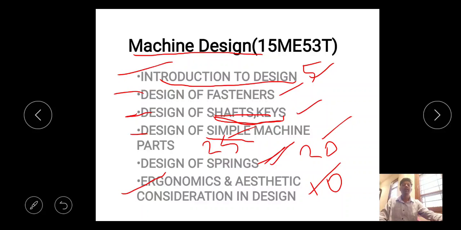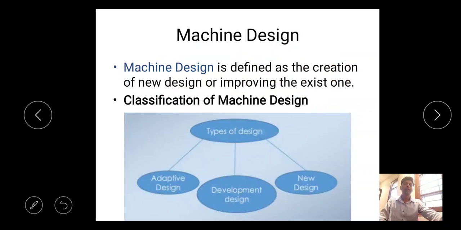So now we'll directly start with introduction to design. First, what do you mean by machine design? Machine design is nothing but a creation. It is the creation of a new design, or, if a machine or any component already exists, you are improving it.